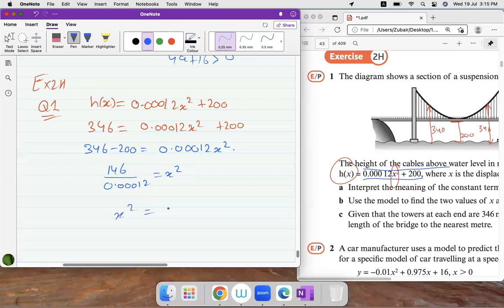So x square is equal to 1,216,... and the square root of the answer is 1103. Plus minus, so on either side, when it is 1103 meters, the height of water is 200.